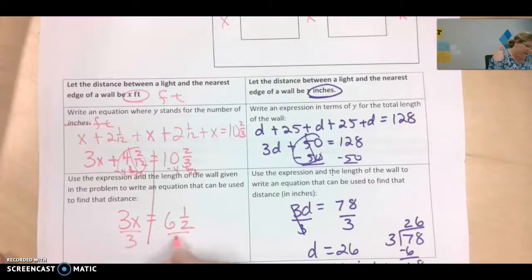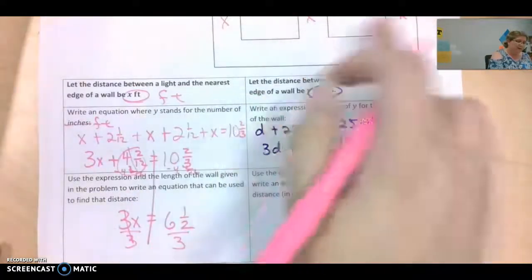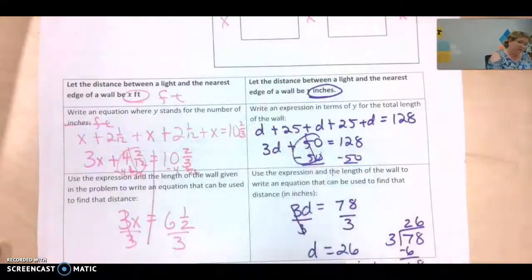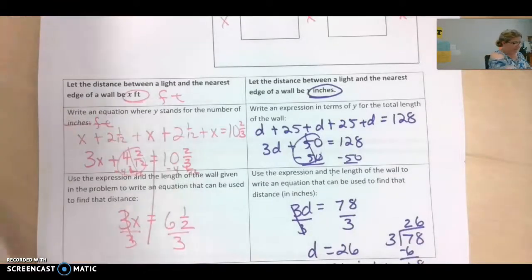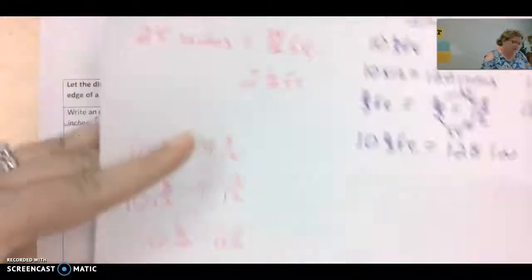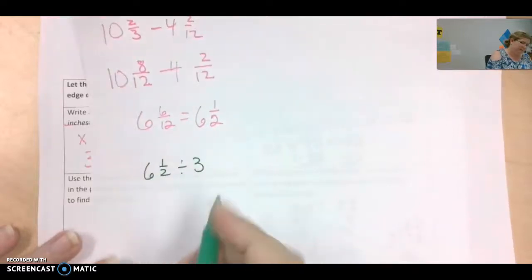I'm going to divide each side by 3 to figure out the measurement of the distance there. So I'm going to get x is equal to, I'm going to go back to my work paper, maybe switch colors, 6 1/2 divided by 3.